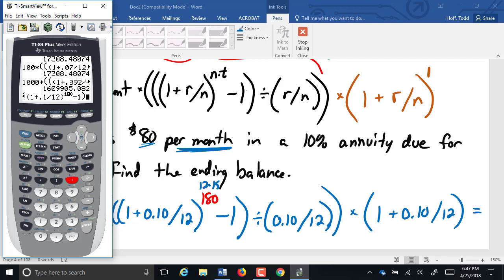Close parentheses. Divided by open parentheses 0.1 divided by 12, close parentheses again. Times open parentheses 1 plus 0.1 divided by 12. Close the parentheses. 33,433.94.